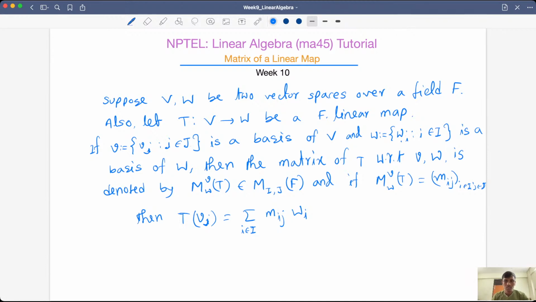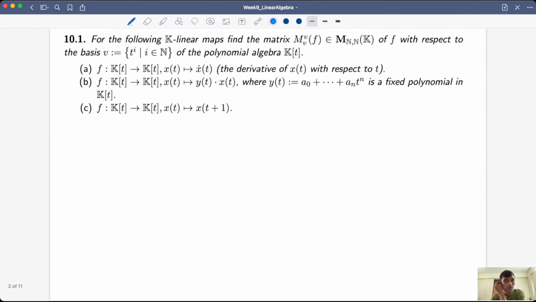Okay? So we will use this notation throughout this session. Let me then first go to the first problem, where we need to find this matrix exactly.